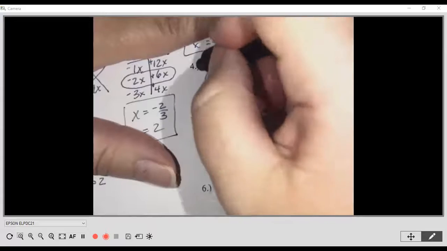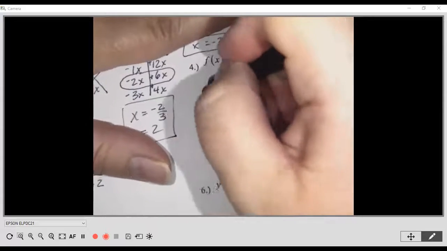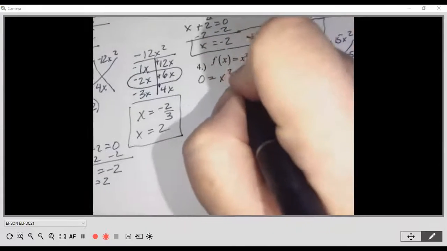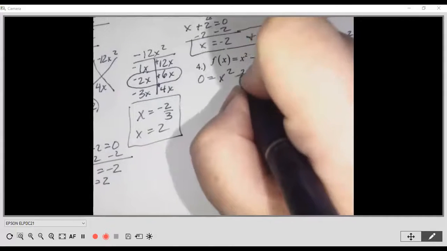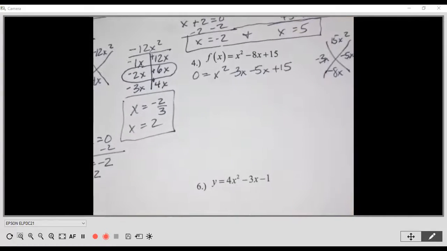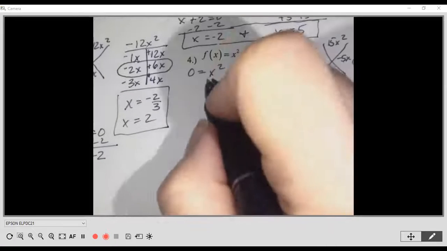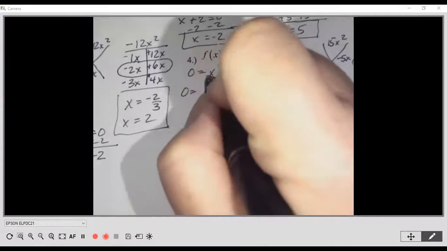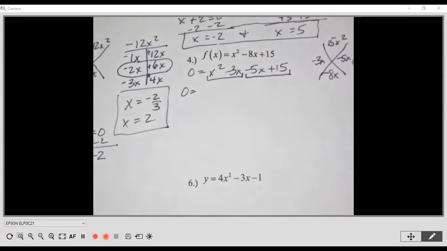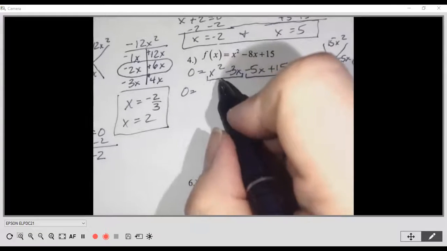I'm going to slide this to the left a little bit. X squared minus 3x minus 5x plus 15. All right, then I'll factor by grouping. So 0 equals, that's my first group, that's my second group. When I look at my first group, they have a GCF of x.